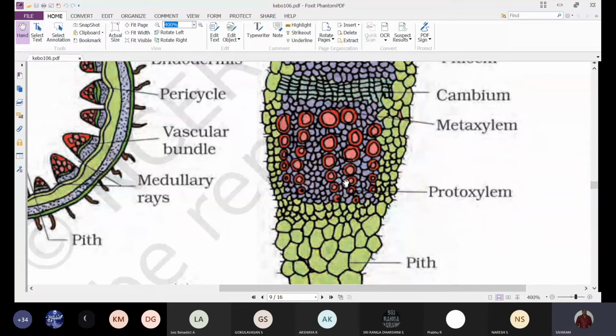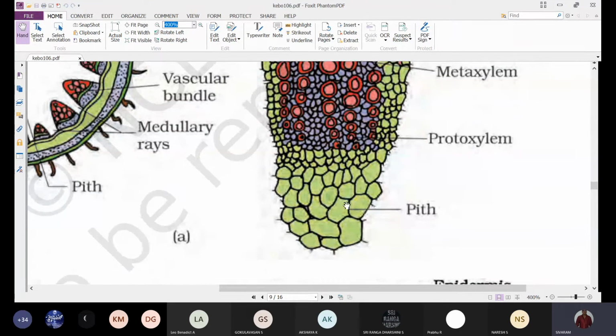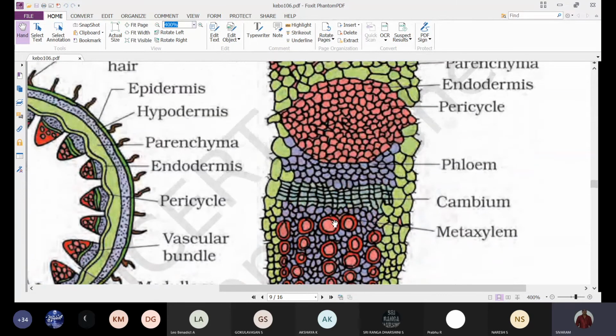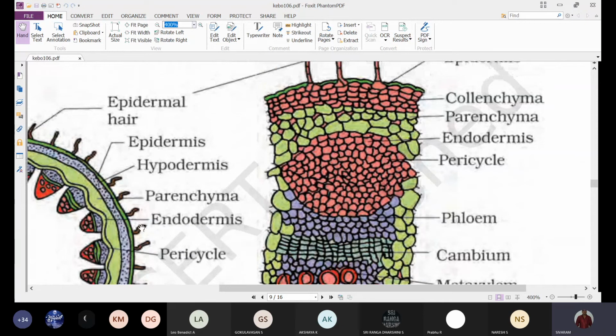Here we can see this is the pith. Sorry, these are the medullary rays, and here we can see the pith. So a small portion is enlarged for our better understanding.